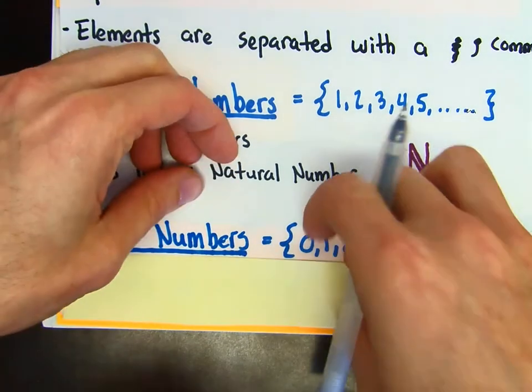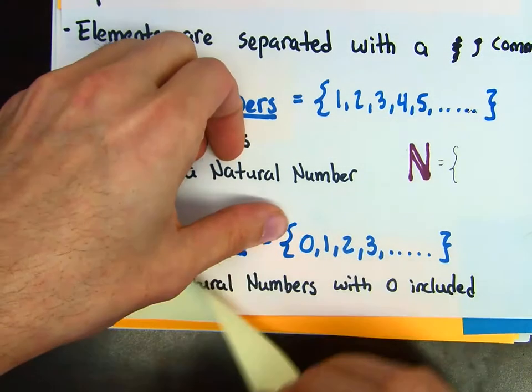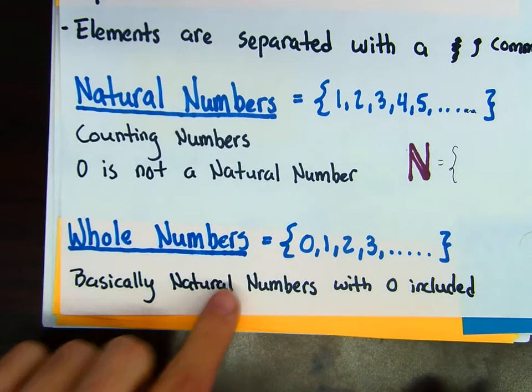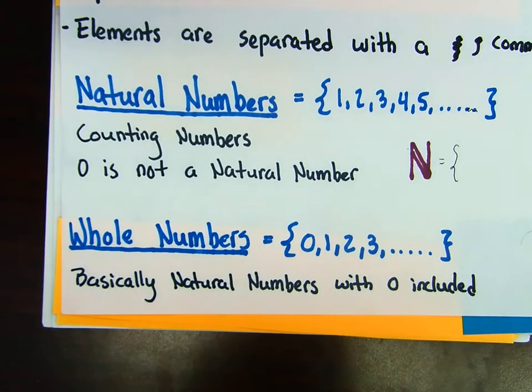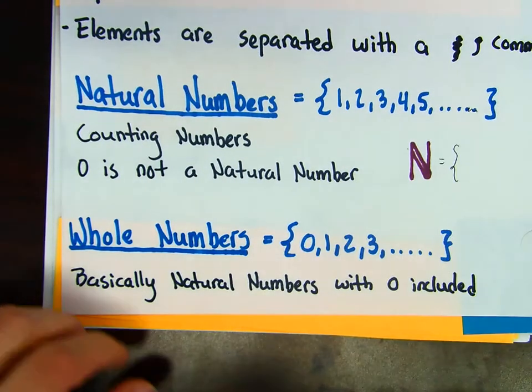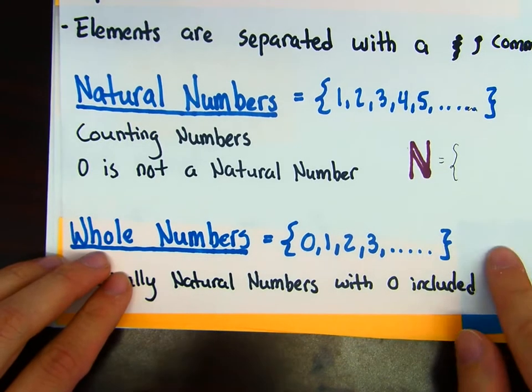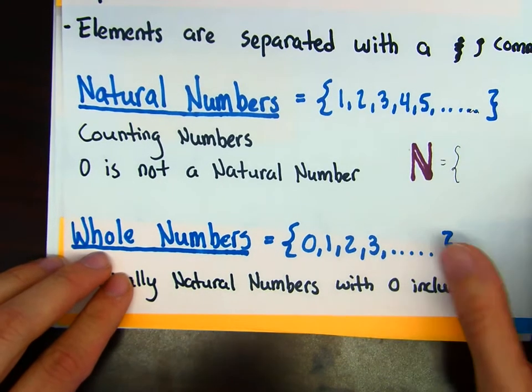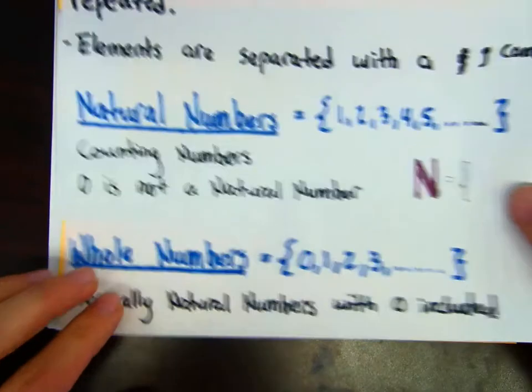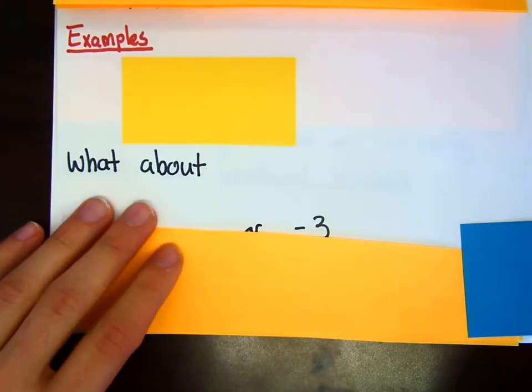That's it. And notice that negative numbers are not here. So basically natural numbers with 0 included. Fantastic. And here, I'm not really sure if there's a symbol notation for whole numbers. I don't remember. But okay, let's keep going.